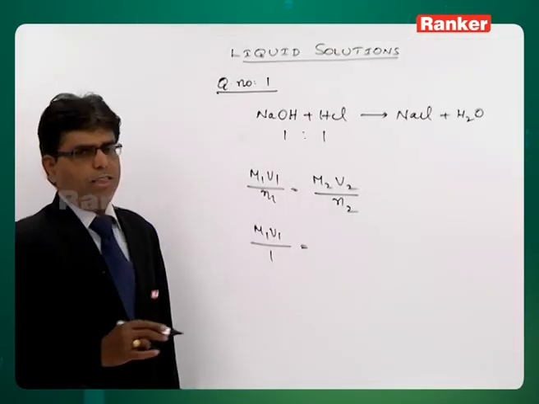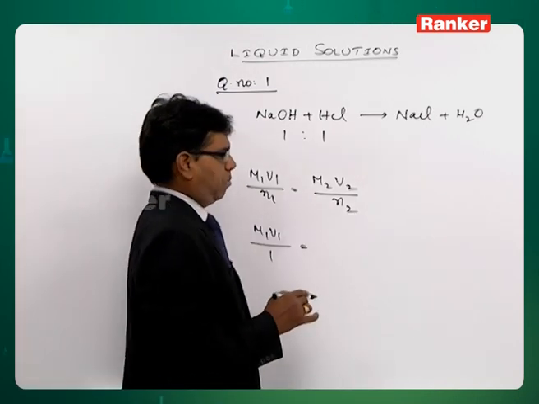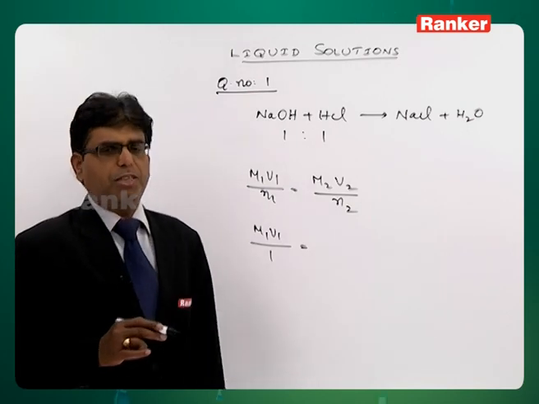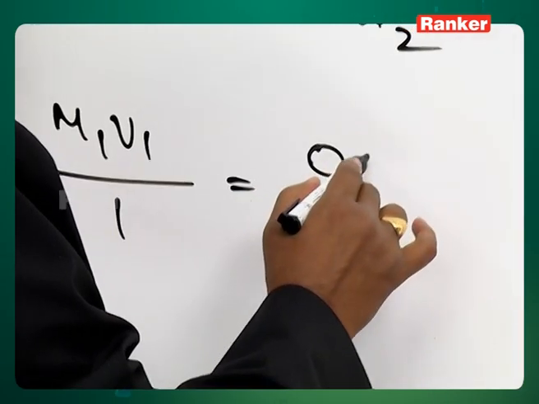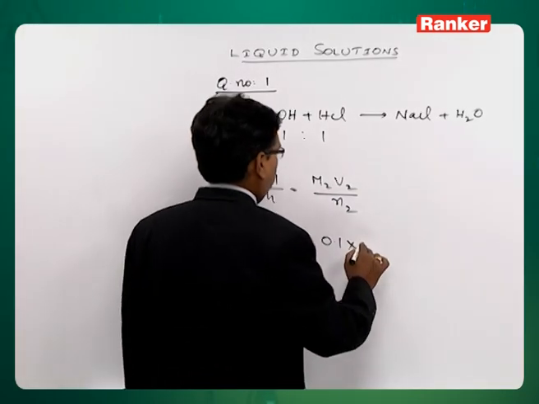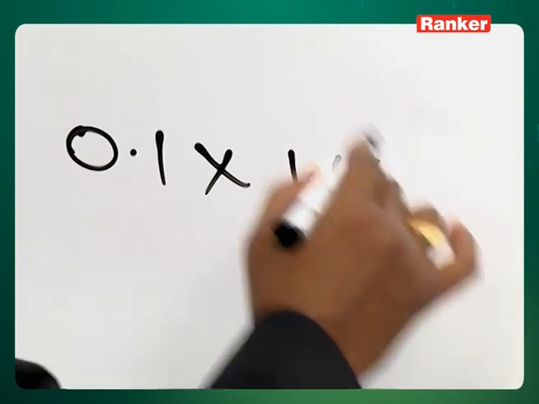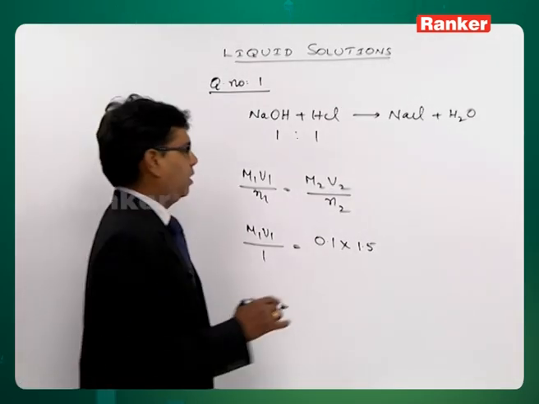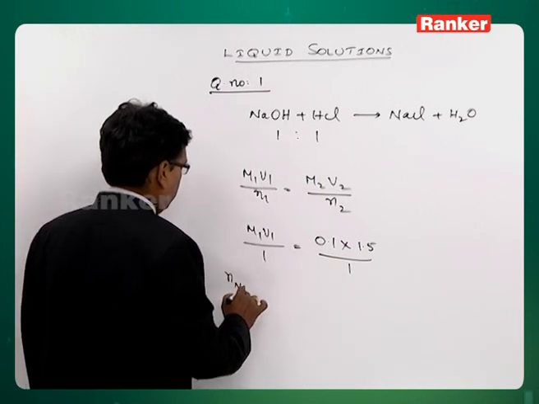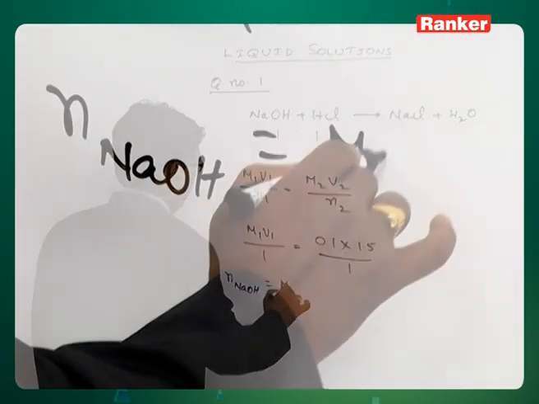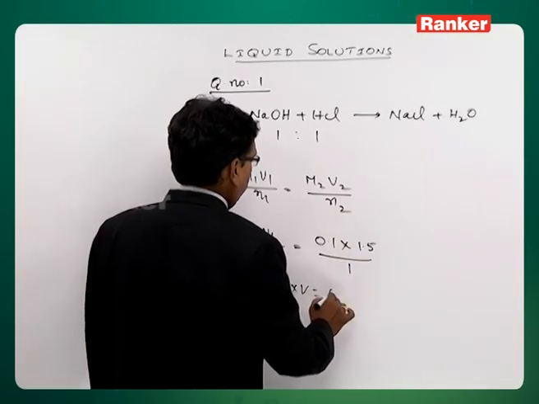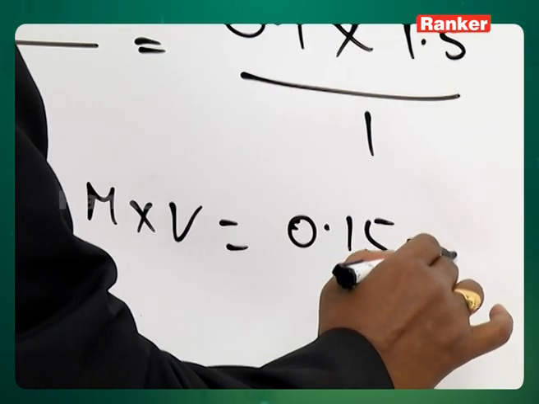The molarity of HCl is nothing but normality, because for HCl, being a monobasic acid, molarity and normality are the same. So, molarity is 0.1 and the volume of HCl given is 1500 cc, that is 1.5 liters, divided by 1. So, the number of moles of NaOH required is M into V, equal to 0.1 into 1.5, that is 0.15 moles.